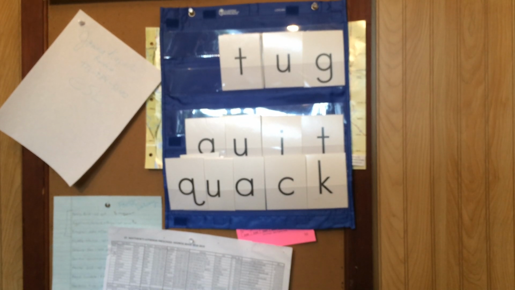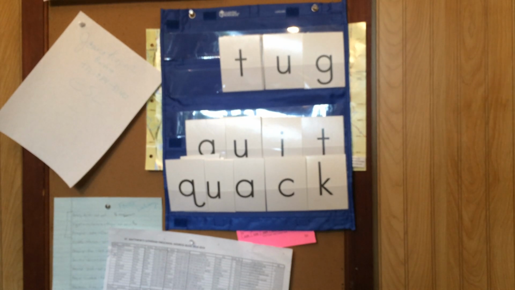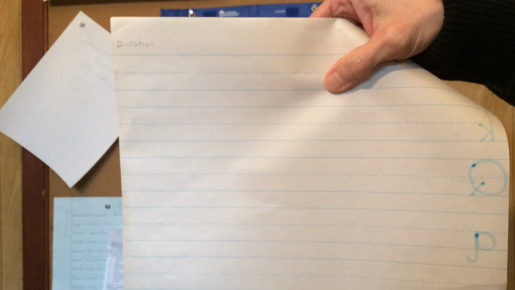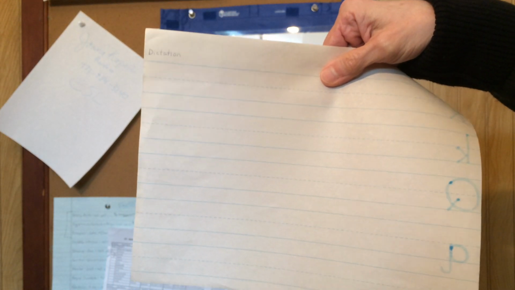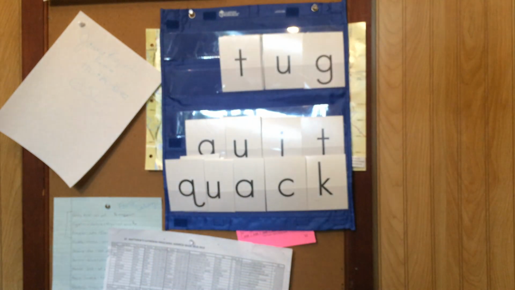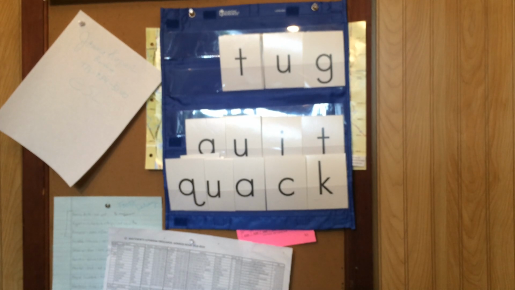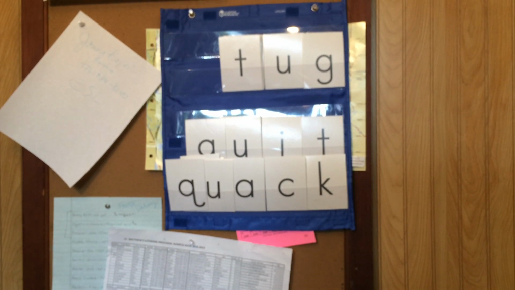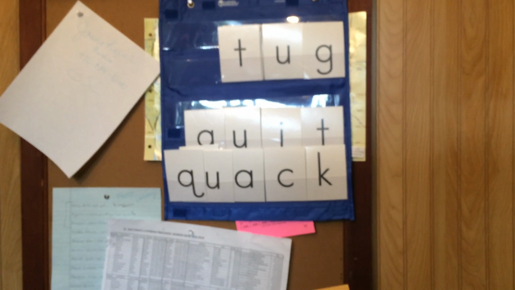You need the paper that looks like this and a pencil, and draw a line with your crayon where you ended yesterday, and you can just start again today. If you need to go on the back, that's fine. First word is rob. R-A-B, rob.